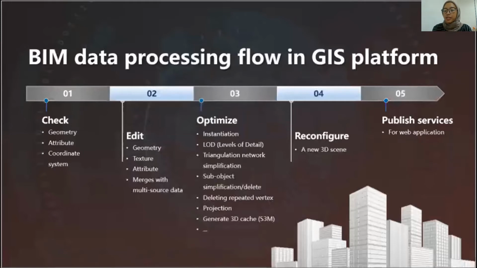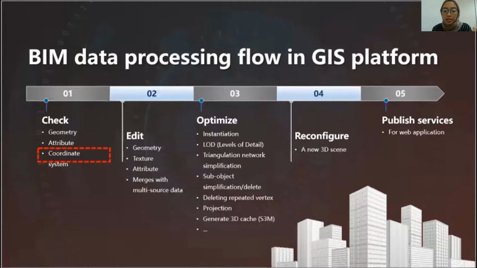And this is the main processing flow of BIM data in a GIS platform. First is to check the data, whether it still stores its original information, such as the geometry, attributes, and coordinate system. I have been highlighting the coordinate system since we import them into GIS, so we need to ensure it has the correct coordinate system.